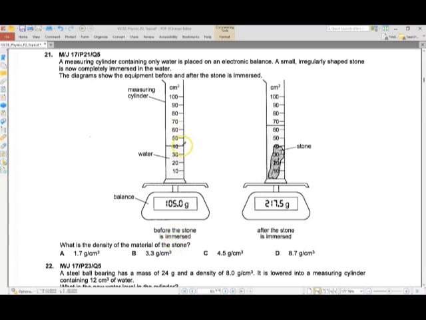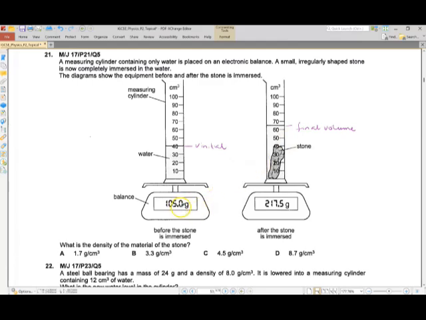Okay, they've given us the initial volume. They've given us the final volume. So the volume of the stone can be found by subtracting the initial volume from the final volume.